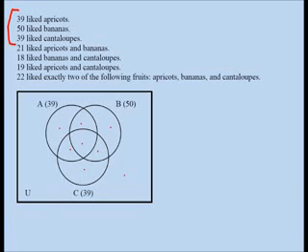What I did is as follows. 39 students liked apricots. I put 39 for set A. 39 does not go here. 39 is the sum of these four numbers. 50 does not go here. 50 is the sum of these four numbers.